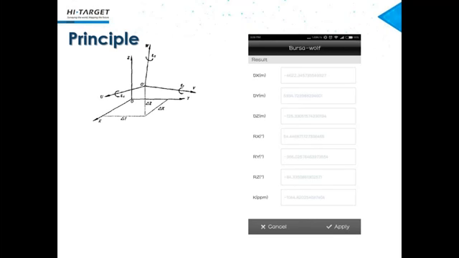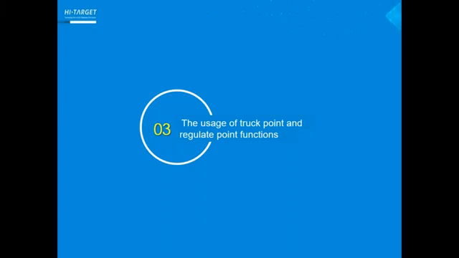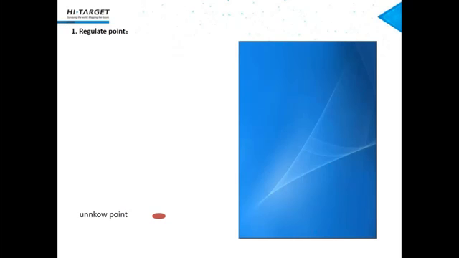After that, I will introduce how to use regulate points and track points in HiSurv. With the regulate point function, we don't always need to install the base on a control point.